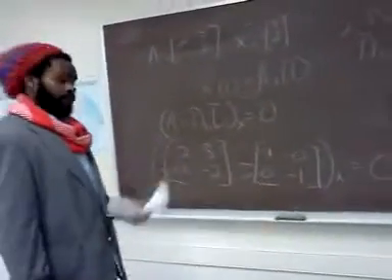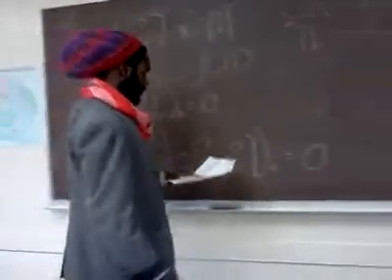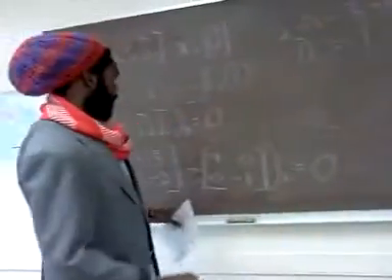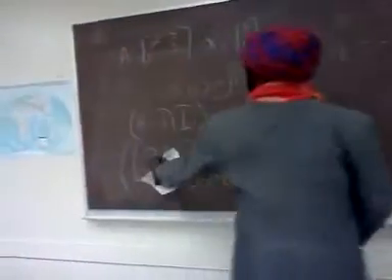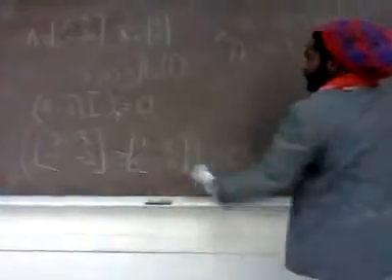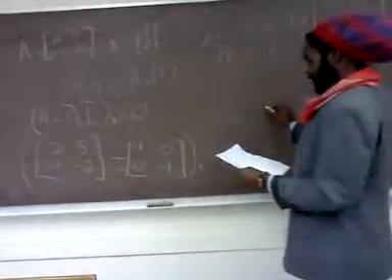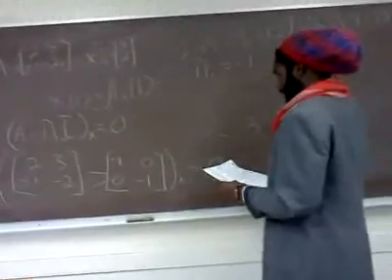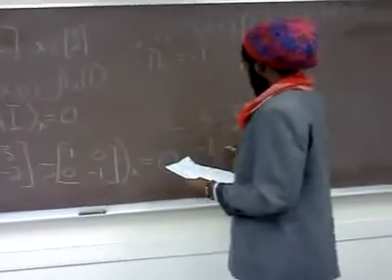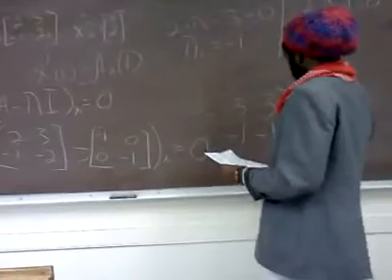Now we need to solve for x. In doing so, we're going to take 2 minus negative 1, which is 2 plus 1. So it's going to give us a corresponding matrix of 3, 3, negative 1, negative 1.